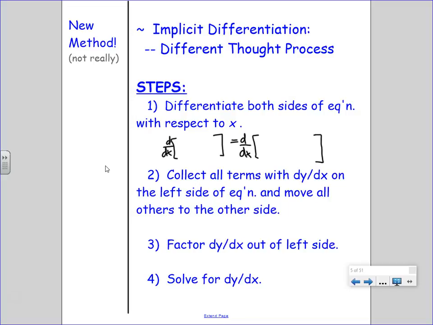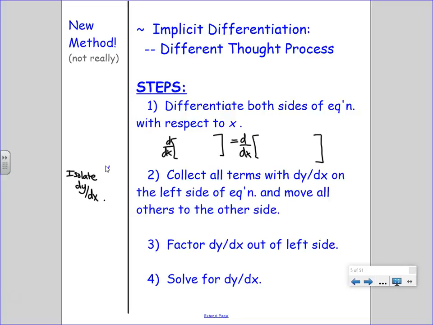So what we're doing is, instead of isolating y, because sometimes it's impossible, we solve for the derivative. We isolate dy/dx. So we're still isolating, just have to take a derivative first. And then we get dy/dx alone, because he's our ultimate goal when we're finding a derivative. Isolate dy/dx, leave him alone.